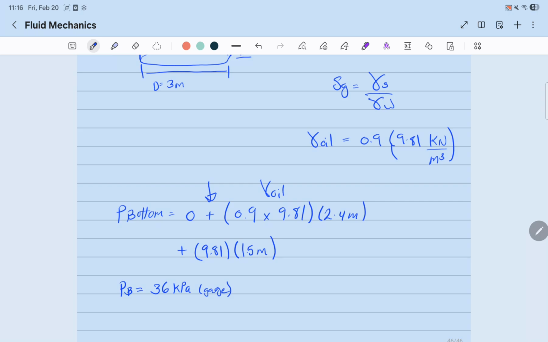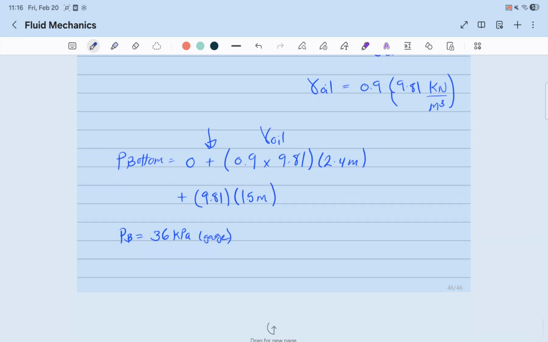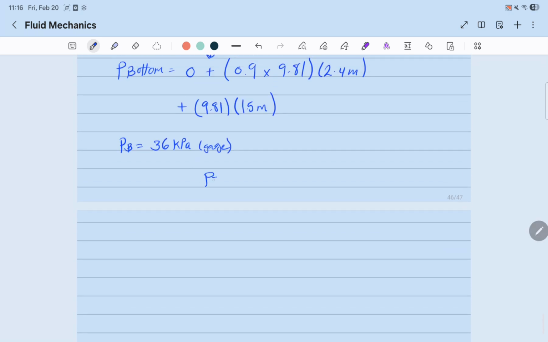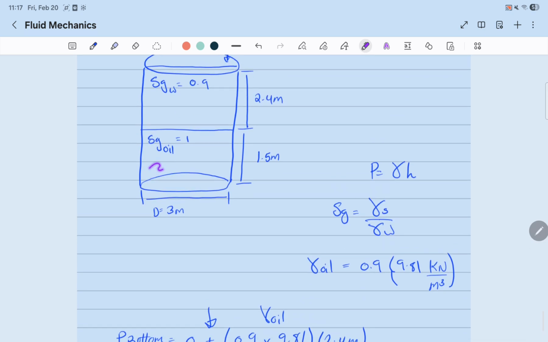Now, if we were asked to find the force, we know that pressure equals force over area. Now, force equals pressure times area. The area we'll be using is the area that the pressure is being acted on, which is this horizontal plane, the cross-sectional area of this circle here.